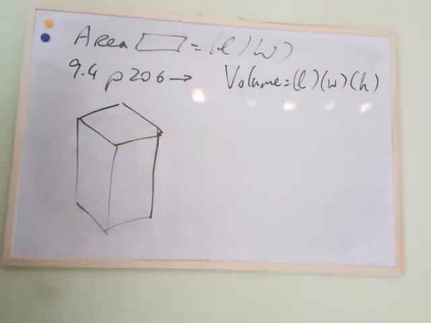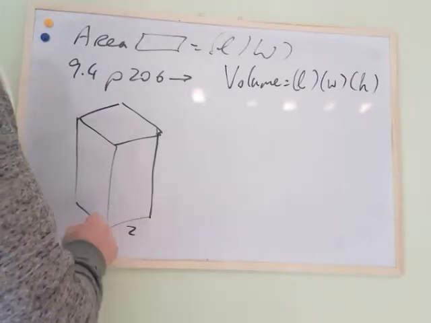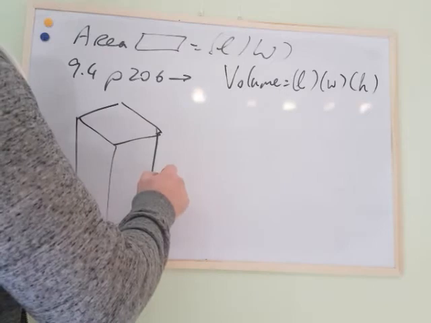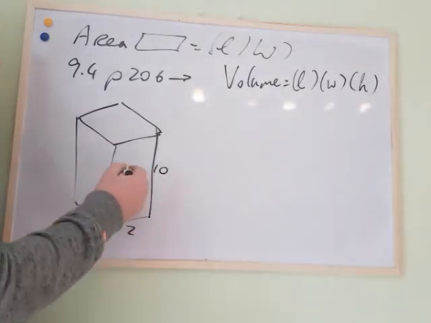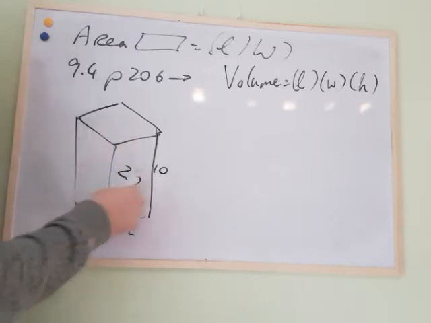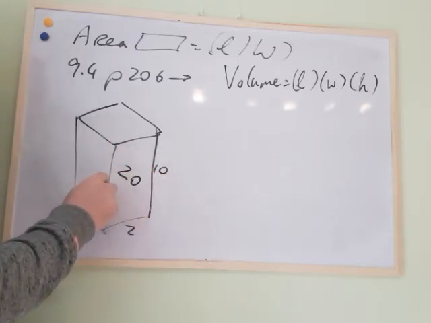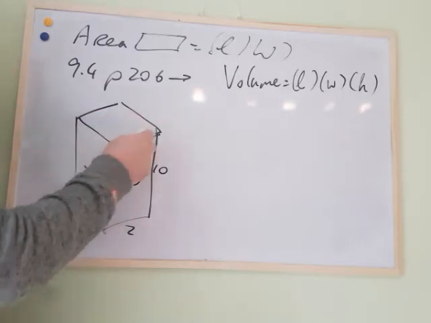It's got a length of 2, it's got a width of 2, and it's got a height of, we'll say, 10. And I'm asked to get the surface area. Okay, so let's get started. Well, we can straight away get this front bit here. 10 by 2, 20. I want to get this bit here, but I don't know what these heights are. But wait, I do, because it's 10 here, which means that is 10. 10 by 2, 20.